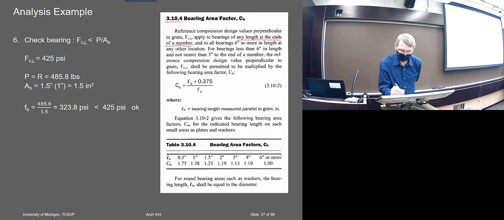So what they're saying here is this value applies to bearings at the end of a member. The way they word it is kind of weird, but if it's at the end of the member, you don't apply this CB factor.